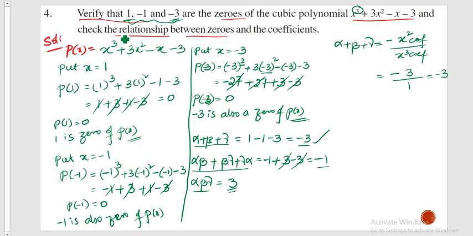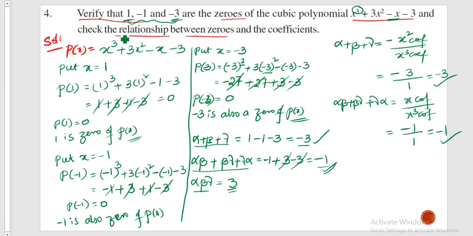If you observe, both the values are the same, right? Next, alpha beta plus beta gamma plus gamma alpha is given as x coefficient by x cube coefficient. From the polynomial, what is the x coefficient here? It is minus 1, divided by x cube coefficient 1. So minus 1 by 1 is minus 1.